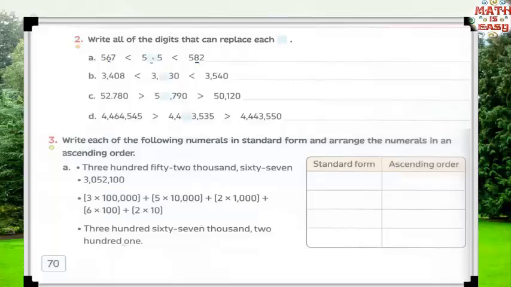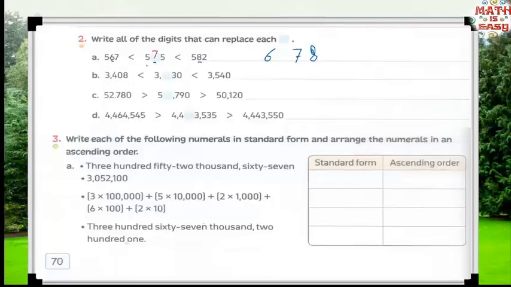So he wants us to write a number that is more than 6 and at the same time less than 8. After 6 we have 7. If we write 6, 7, 8, after 6 we have 8. That means 7 is less than 8 and more than 6. The answer here is 7.